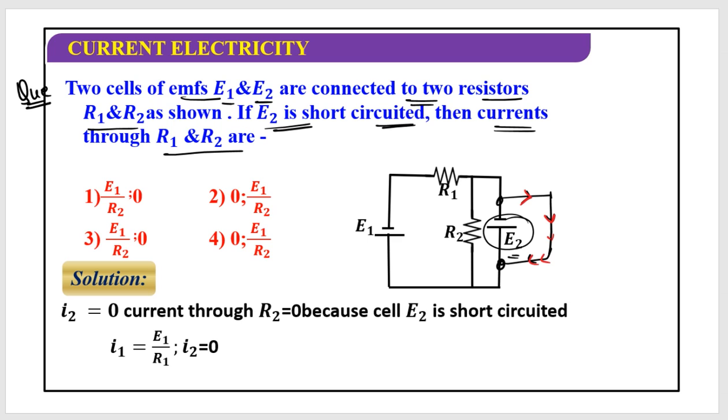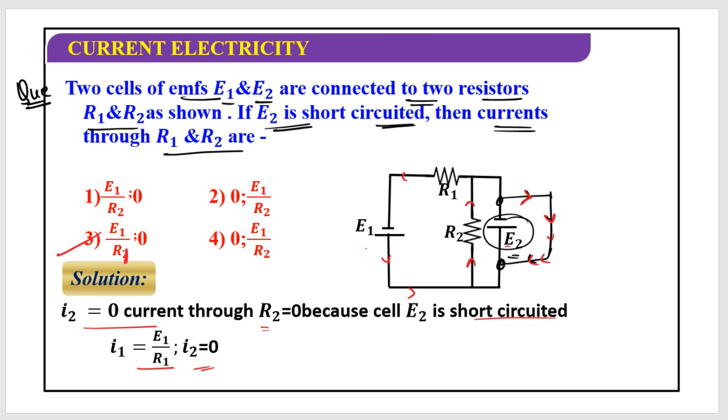So the current through R2, I2, equals 0, because this E2 is being short circuited, and I1 is probably this current. So I1 can be written as E1 divided by R1, and I2 would be equal to 0.